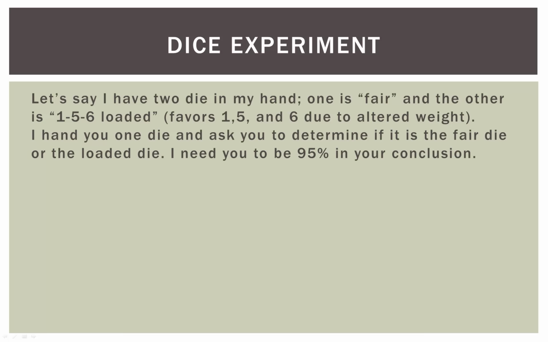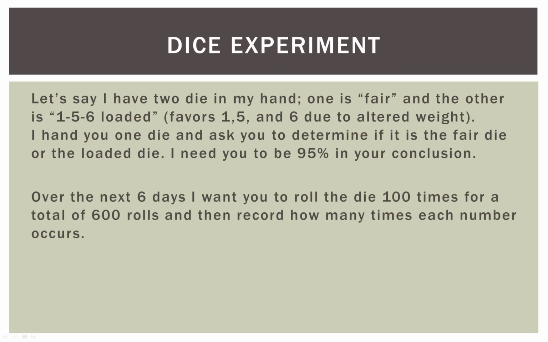Okay, so I give you 2 of them, and one is fair and one is loaded. Now I ask you to determine if it's the fair die or the loaded die I just gave you, and I want you to be 95% confident in your conclusion.